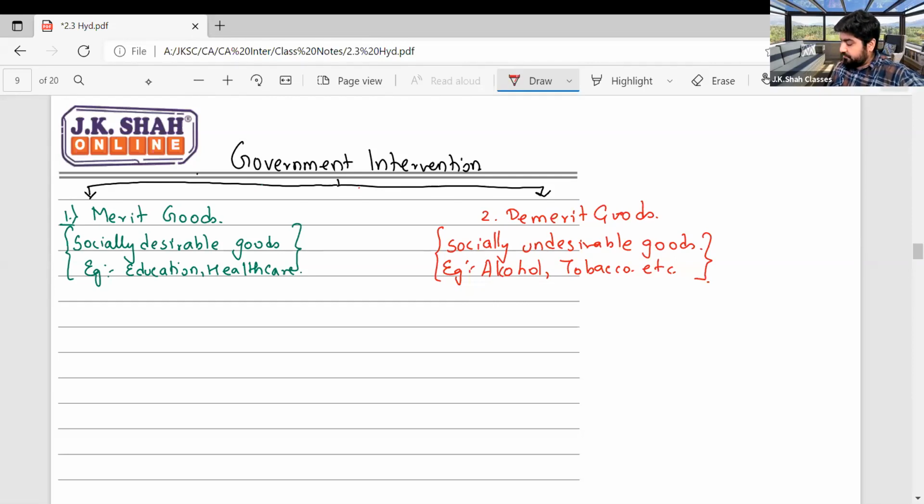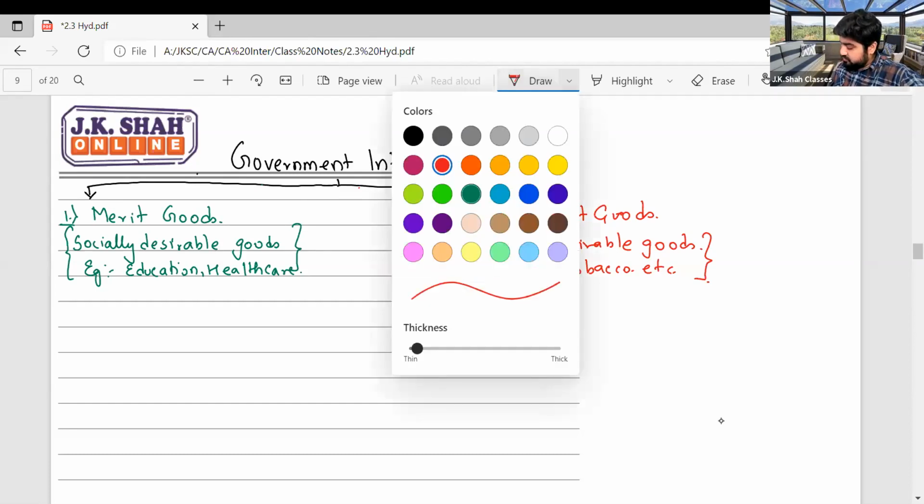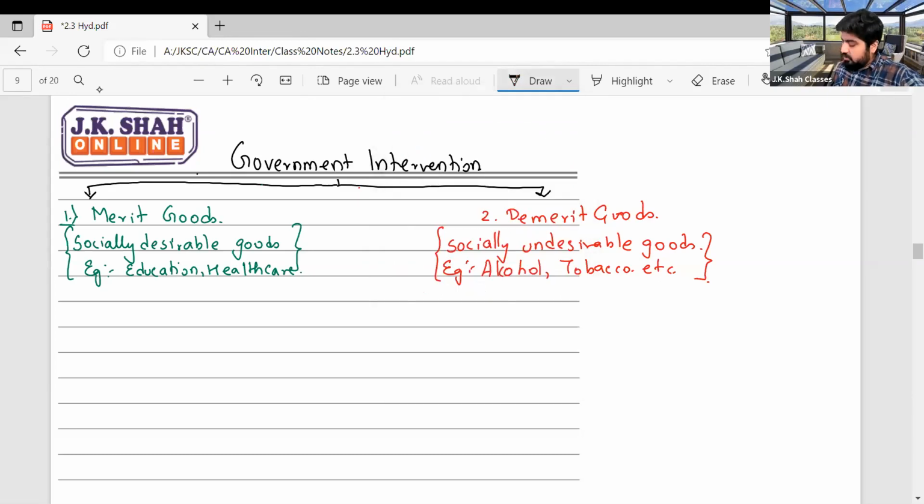Now, friends, when we talk about merit goods, there is a lot of information that rotates around, which we call incomplete information. Many people believe that government schools are always bad, or that the healthcare sector is not proper, or the education sector is not proper.